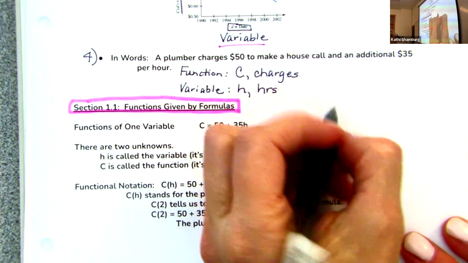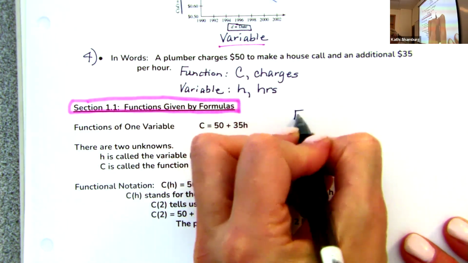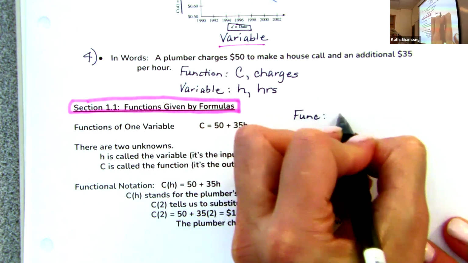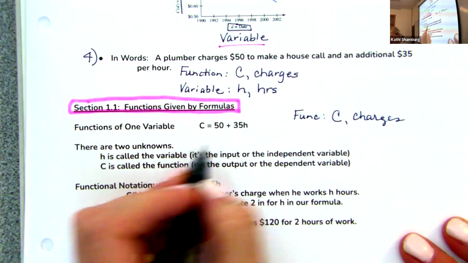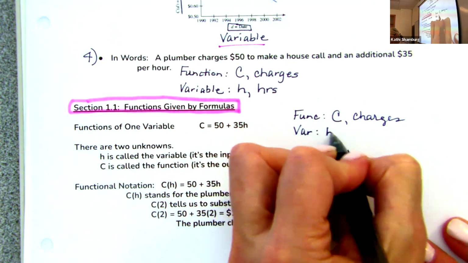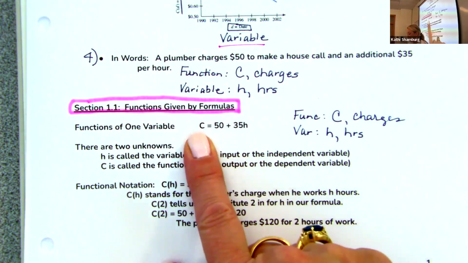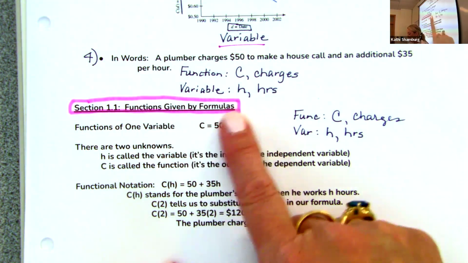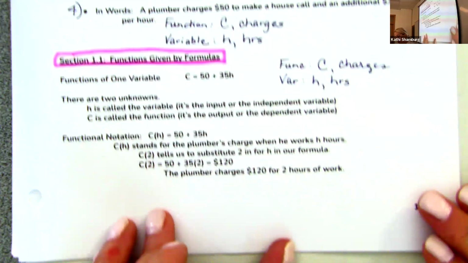So if I asked you based upon this formula to define, you would define the function as C, charges. You would define the variable as H, which is hours. It's always function equals, and then in the equation, you'll find the variables. In this case, there's just one.